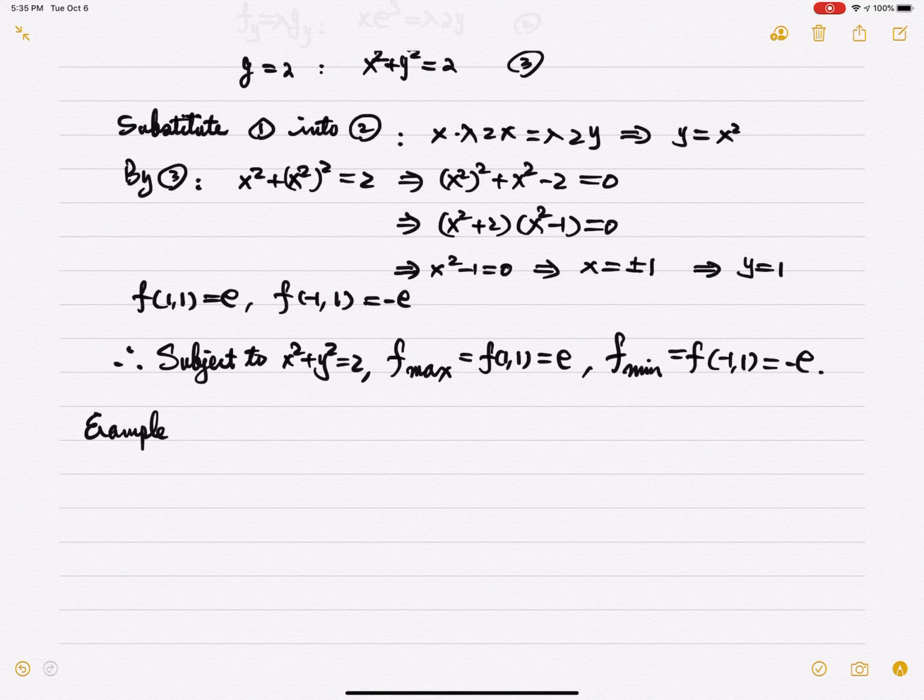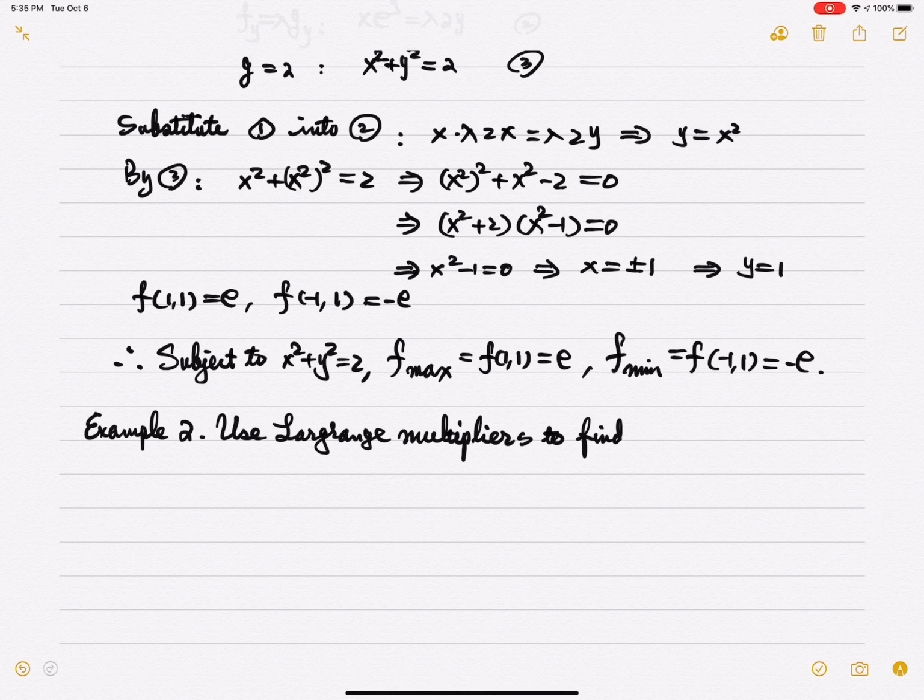Now, let's look at example 2. Example 2 deals with a function of 3 variables. We still use Lagrange multipliers to find.